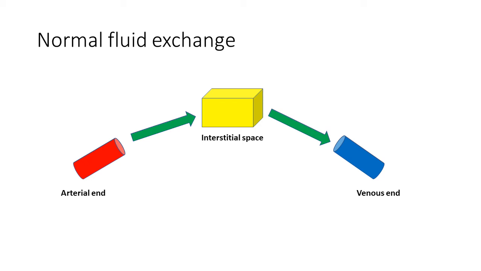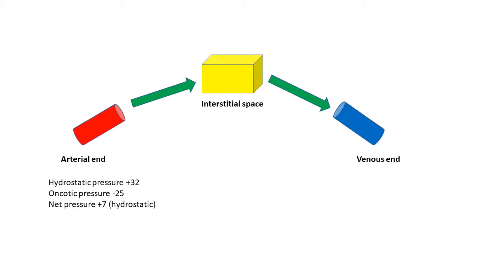Now in normal condition, at the arterial end, the hydrostatic pressure is high, about 32 millimeter of mercury. And the plasma oncotic pressure, that is the pressure exerted by electrolytes and proteins in plasma at the arterial end, is about 25 millimeter of mercury.